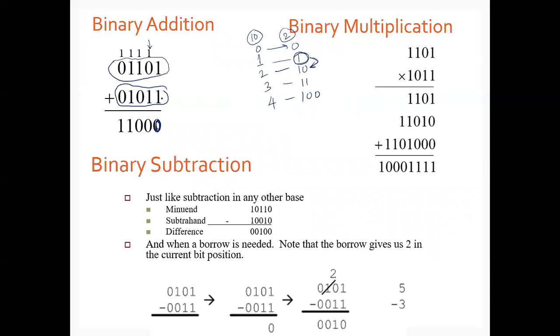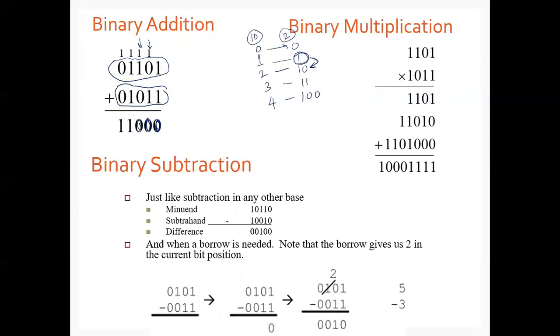Similarly, 1 plus 0, which is 1, and this carry 1 gives you 10, and the carry 1. Similarly, 1 plus 0 is 0, and this carry 1 gives you 10.